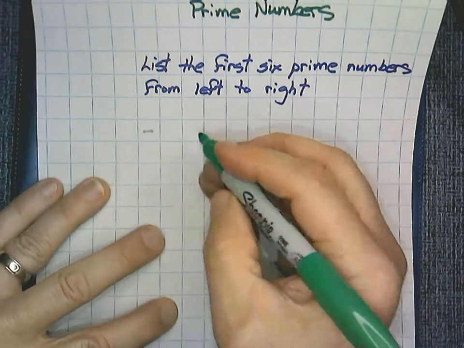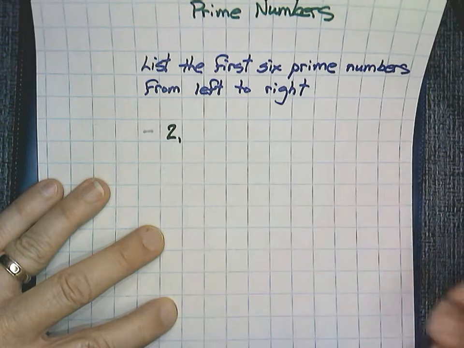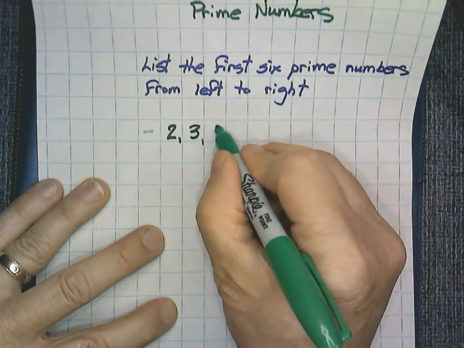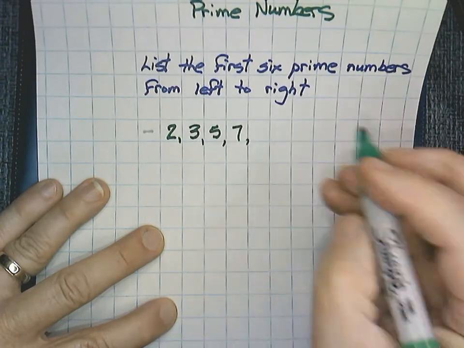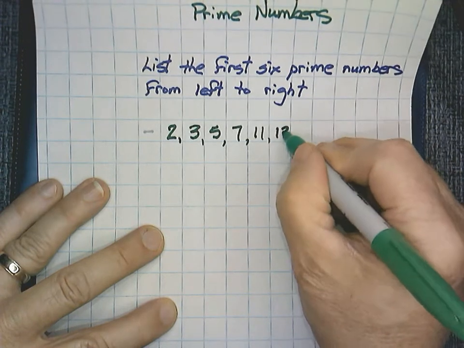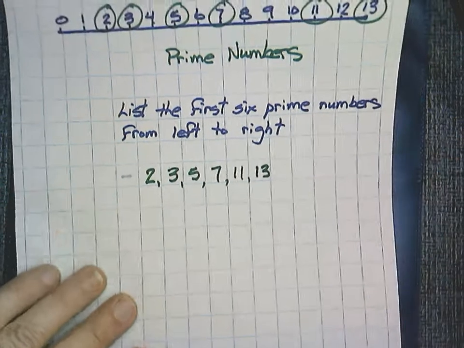Okay, our first 6, it's not going to be 0, it's not going to be 1, but 2, 3, 5, 7, 11, and 13 would be your first 6 prime numbers.